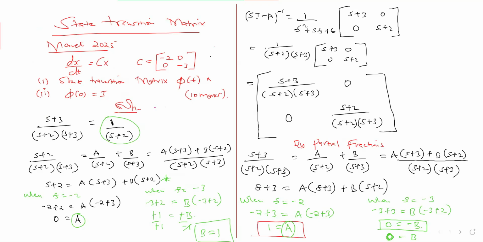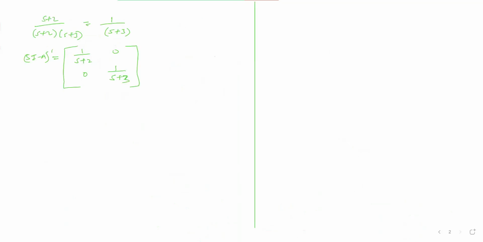Sasa sio hizi version hizi kubwa kubwa hizi, tumezisimplify. Ya kwanza imekuwa ni 1 over s plus 2, ya pili imekuwa 1 over s plus 3. Then from there now you can look for the Laplace inverse of whatever we have there. So the Laplace inverse of 1 over s plus 2 0 0 1 over s plus 3.